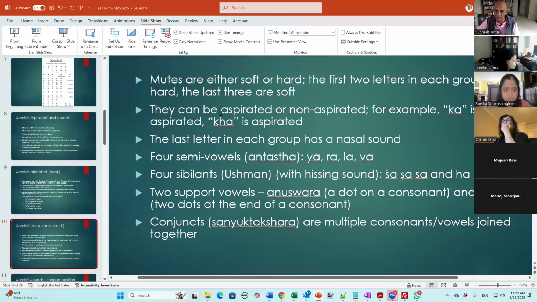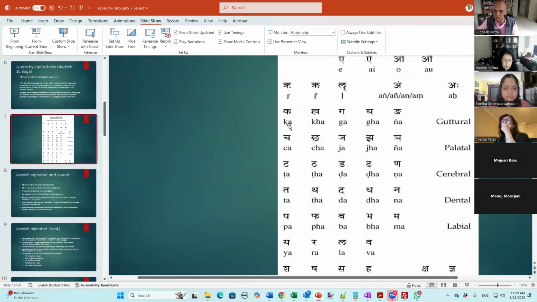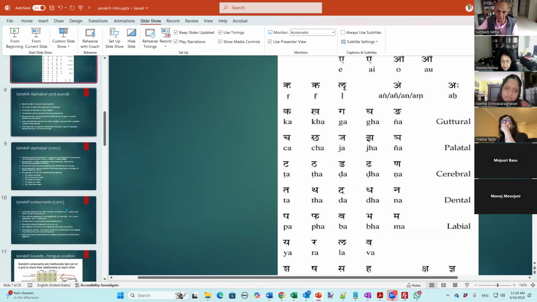And again, I've already mentioned that the letters can be aspirated or non-aspirated. Ka, the first letter in the consonant group, is non-aspirated. The next one is kha, which is aspirated. Same thing, ga is non-aspirated, gha is aspirated. Cha, non-aspirated, chha, aspirated, ja, jha, etc.